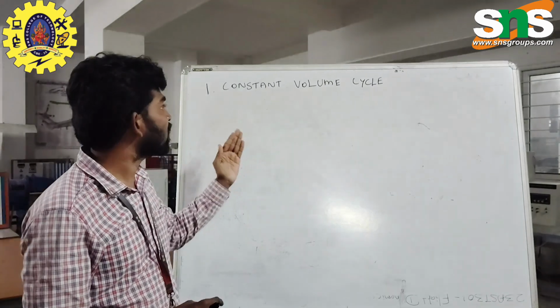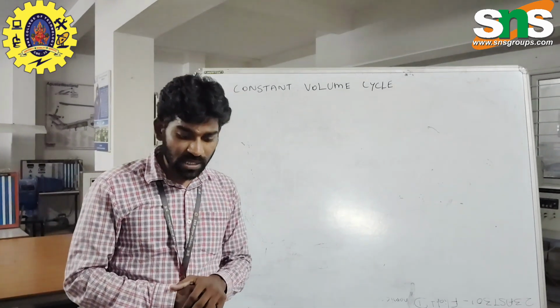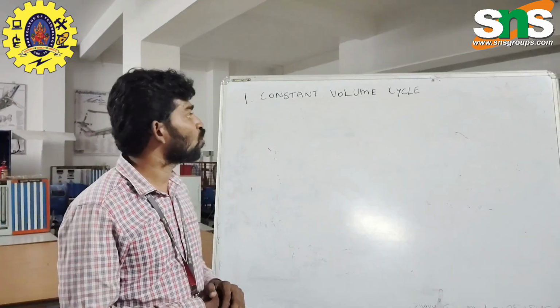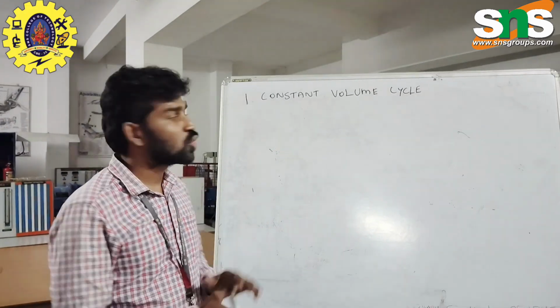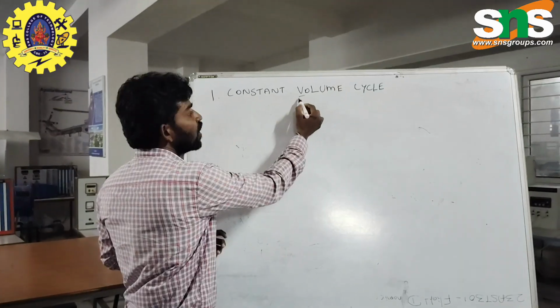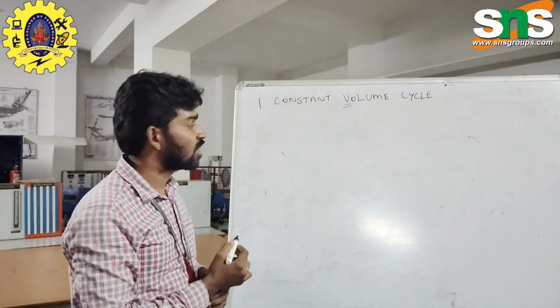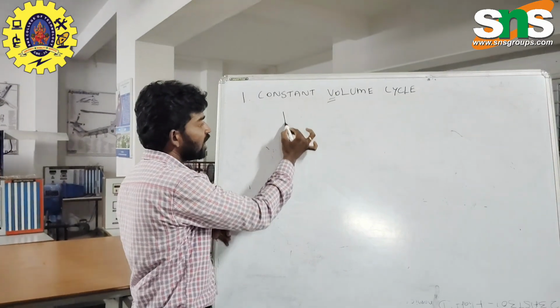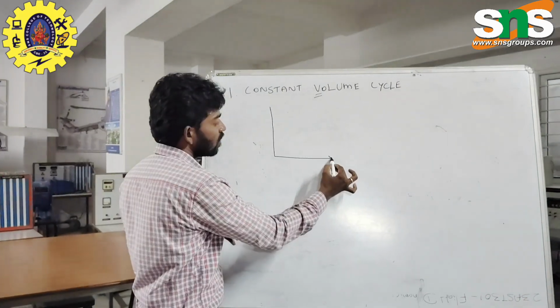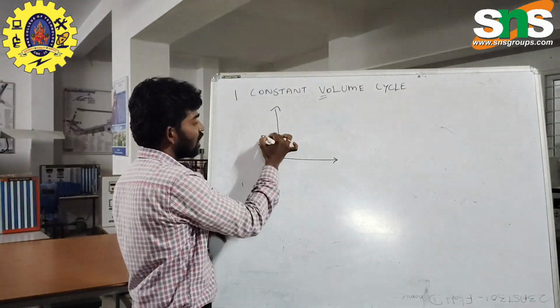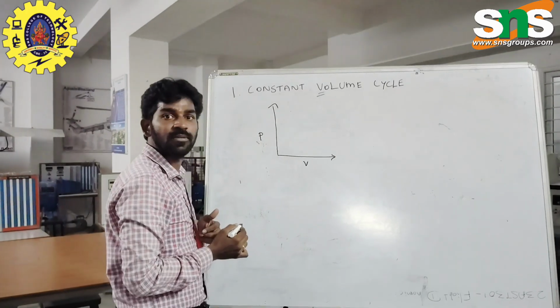So the first cycle in a closed system is the constant volume cycle. In this, the volume is constant. For example, consider a pressure and volume cycle.